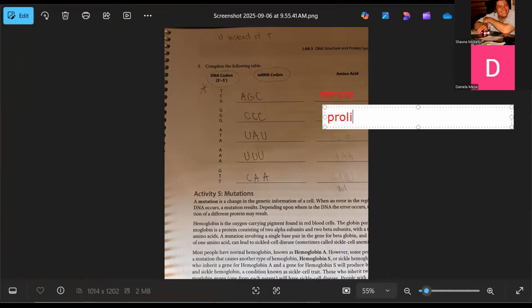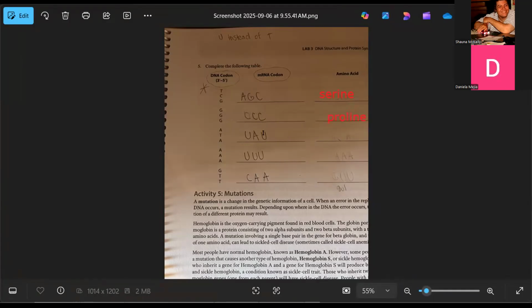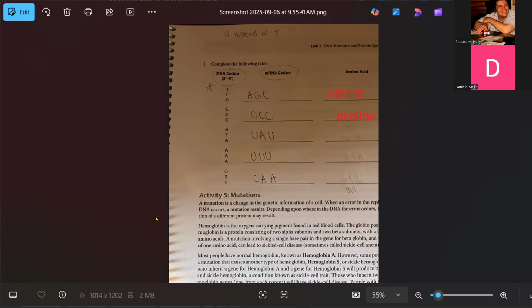Now here you have A pairs with U, T pairs with A, and A pairs with U. So UAU. If I take this back and go here, UAU, this is my other. So I have serine, I have proline.